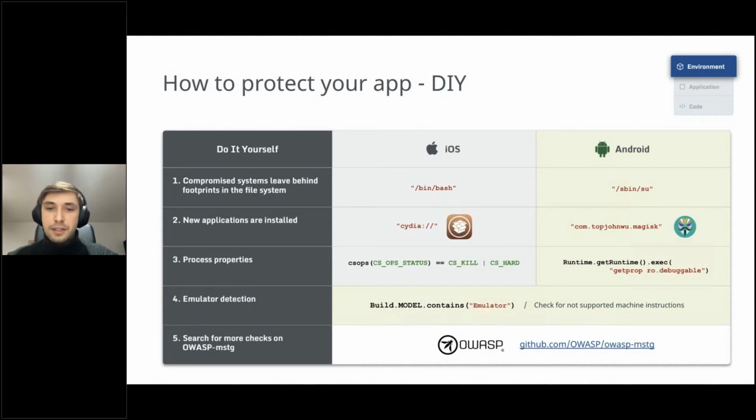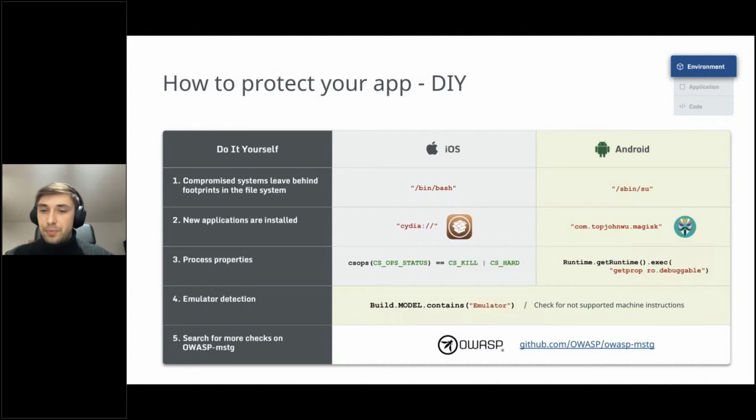For example, on a jailbroken iOS, you can find Cydia, and Cydia registers a URL scheme inside the system. So from your application, you can just check if that URL is registered. And if it is, it means that Cydia is installed.